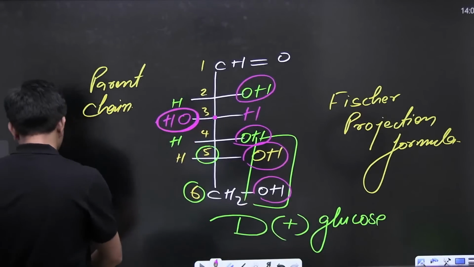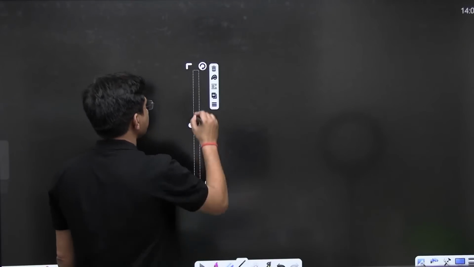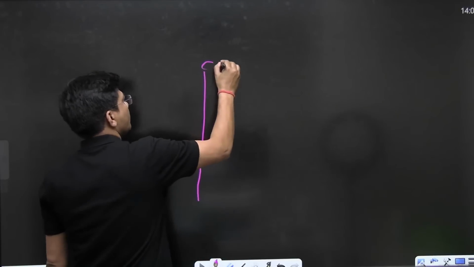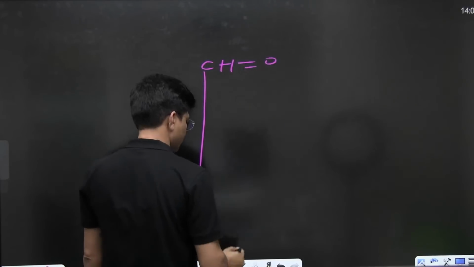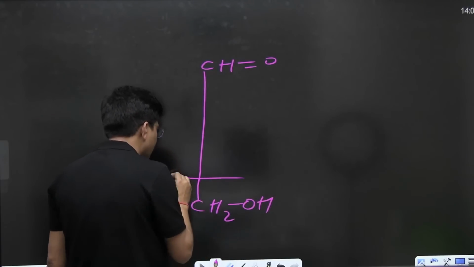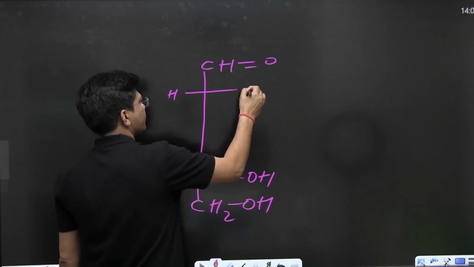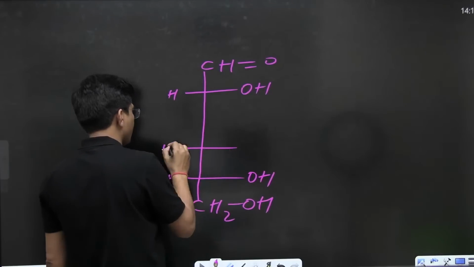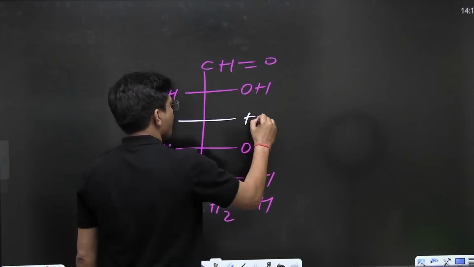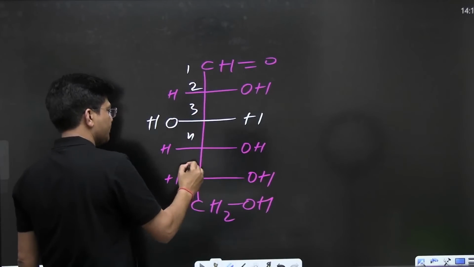Now let me tell you, my dear students, once again the structure of glucose. This is CH double bond O, this is CH2OH, this is CHOH, second CHOH, fourth CHOH, and on the third carbon this OH is on the left-hand side. 1, 2, 3, 4, 5, 6.